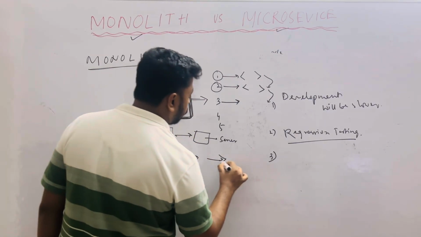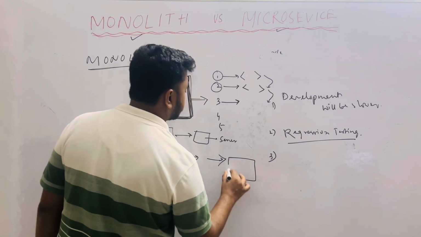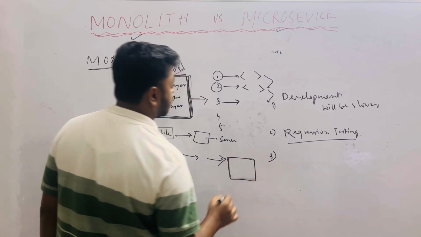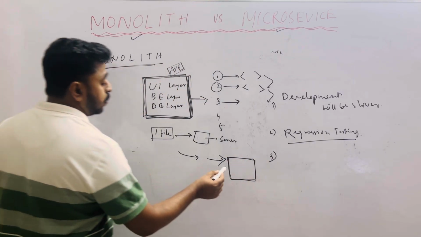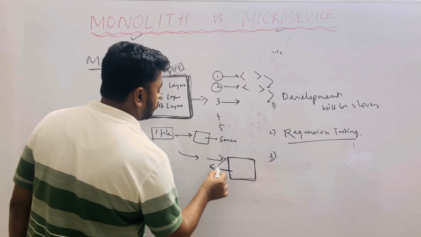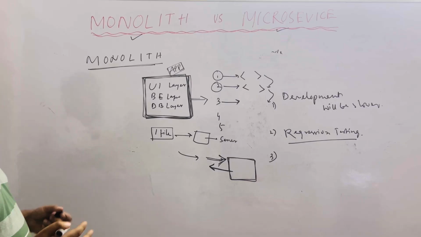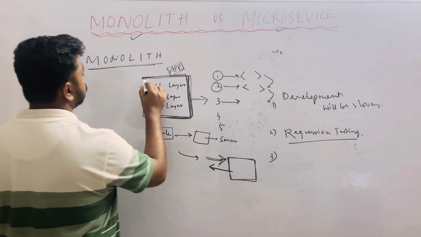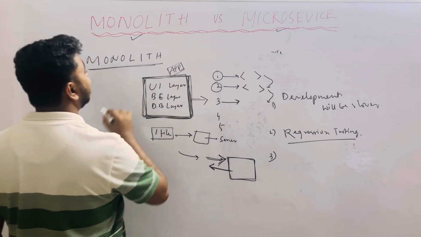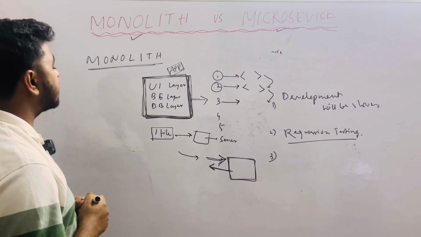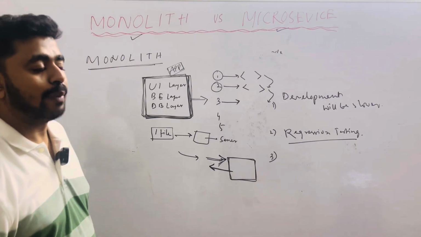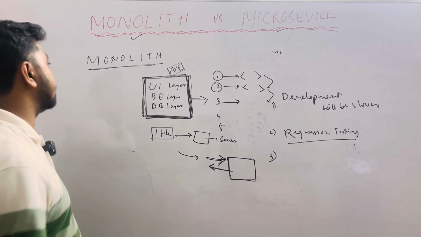So any load will be processed by the same server, so the communication lag will not be that much. And the cost of development and deployment will also be a little less. So these are the pros and cons at a high level, in practical terms, in monolith applications.